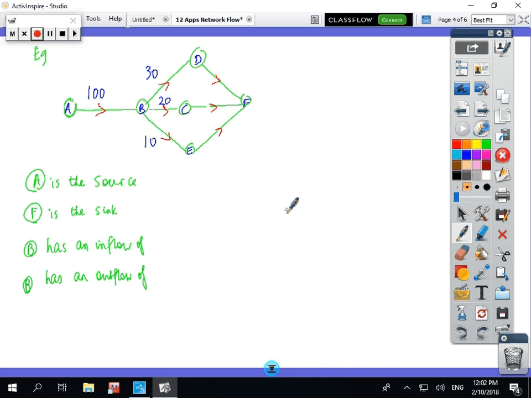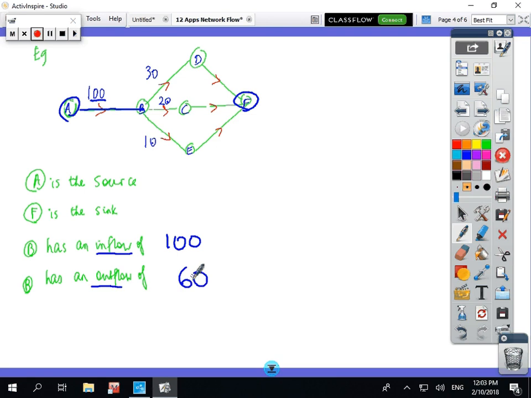Okay, so we've got nodes, we've got arrows, we've got numbers. So A is the source because that's where it starts, and F is a sink because that's where it finishes. Leading into B is 100, so it has an inflow of 100 whatevers, and coming out of B, the outflow is 30 plus 20 plus 10, so the outflow is 60.